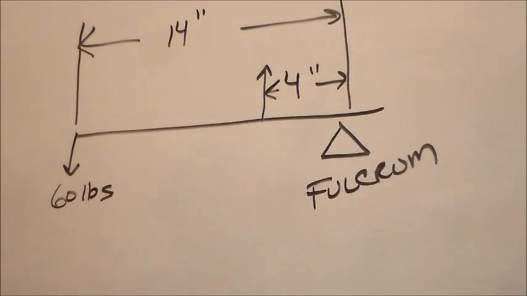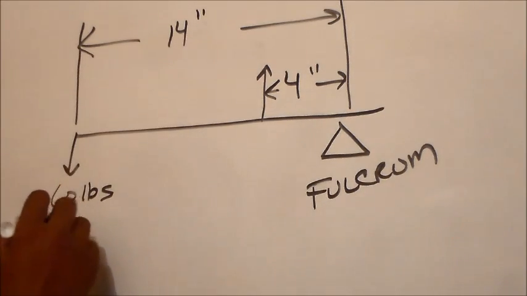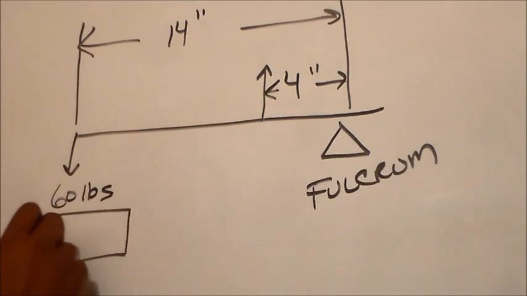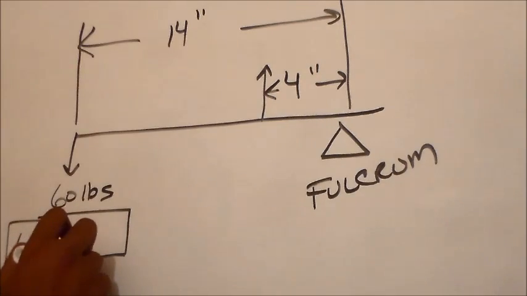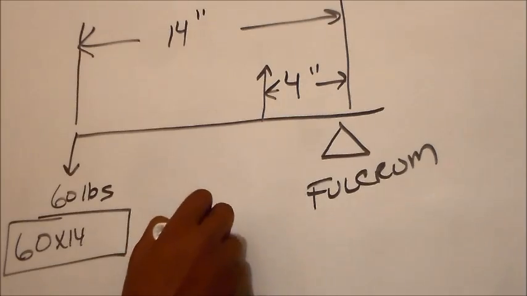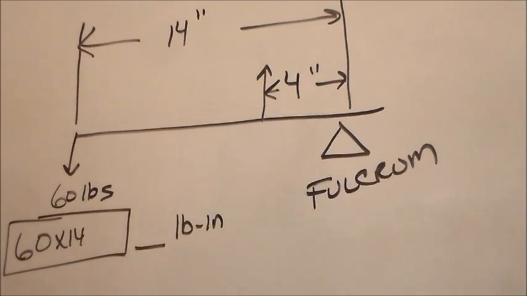Now, our given is we have a load moment that is existing here, right? And that will be 60 times 14, and it would give us a result in pound inches for a load moment.